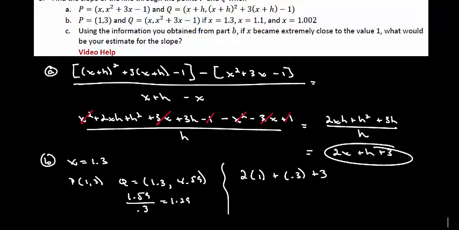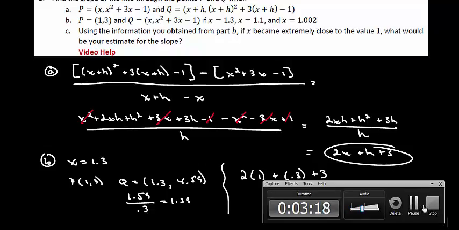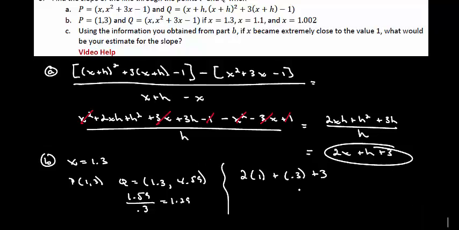Okay, so hang on one second. Let me go back here. There's a mistake right here. This is 1.59, but 1.59 divided by 0.3 is not 1.29. 1.59 divided by 0.3 is clearly got to be more than 1.59. It gives me 5.3. That's much better.